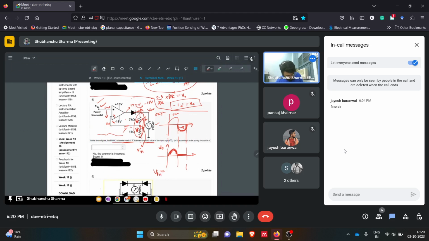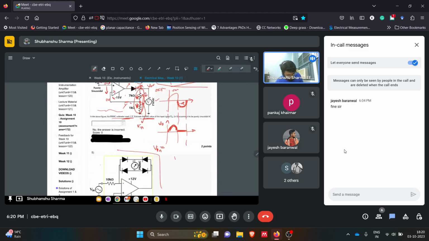We can reduce this: this V in voltage here, this is ground, and then we have this V naught voltage across this branch, and this is 7k, this is 1k. V in will be V naught times, by the simple voltage divider rule, 1k over 1k plus 7k.